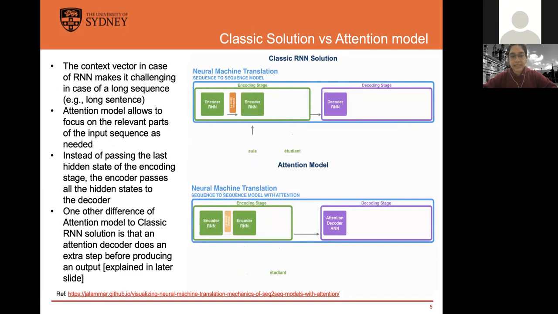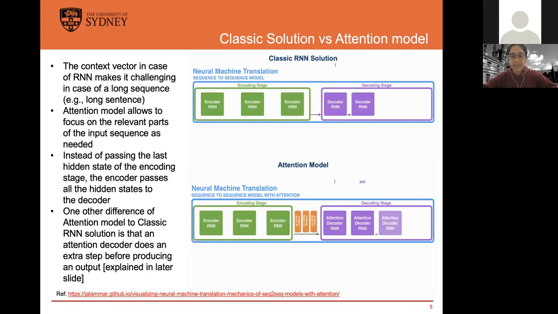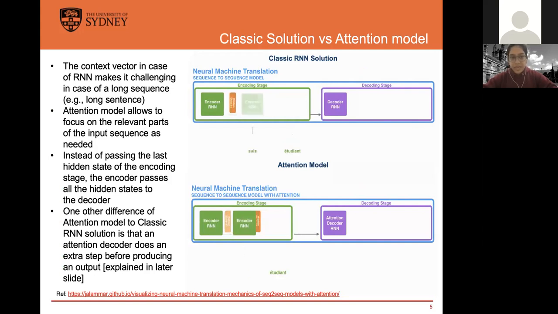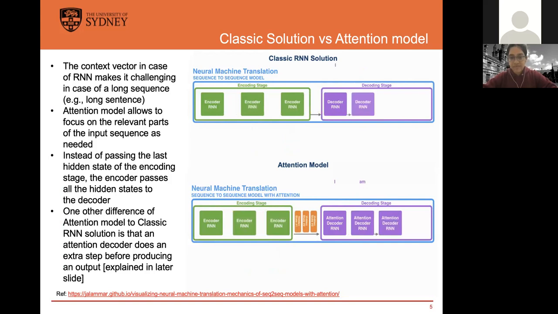Here is just some context on why, with respect to the classic RNN solution, the attention mechanism is different. The context vector in the case of an RNN makes it really challenging if it is a very long sequence.